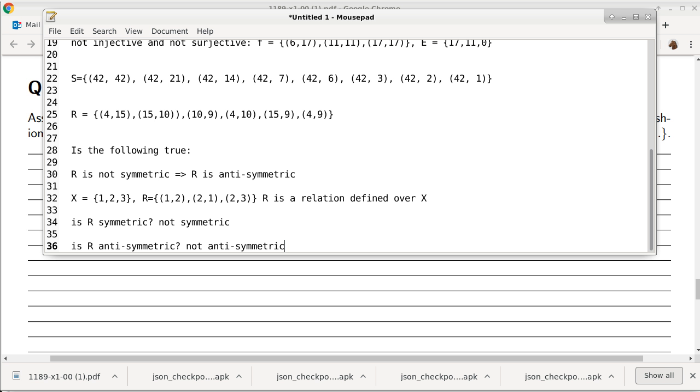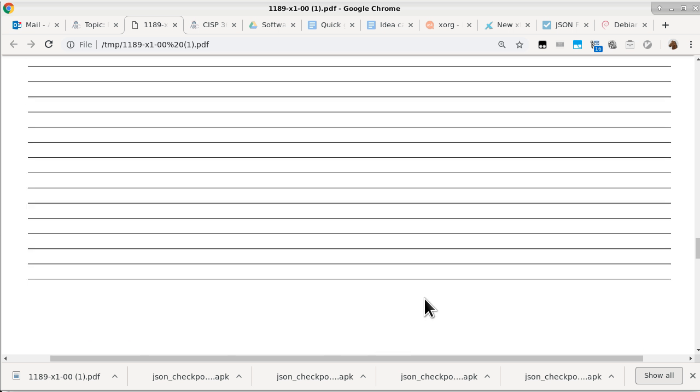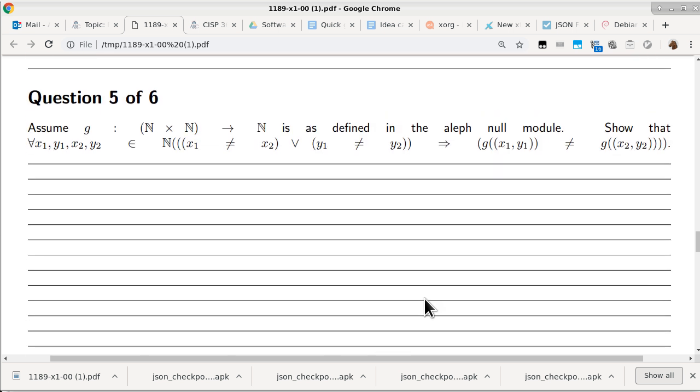Are we good? Yep. Go over the answer to number 5 again. Number 5? You know that I could just replay the recording up to this point. Okay. The answer to this question is simply to utilize the fact that G is bijective. It's stated already in the module that G is bijective, otherwise there wouldn't be a G inverse.